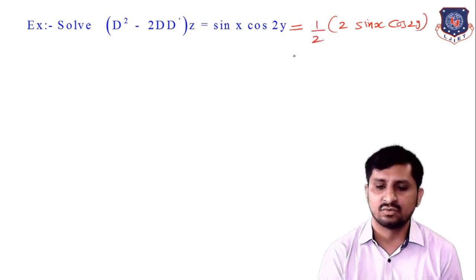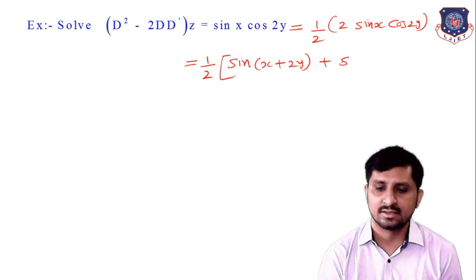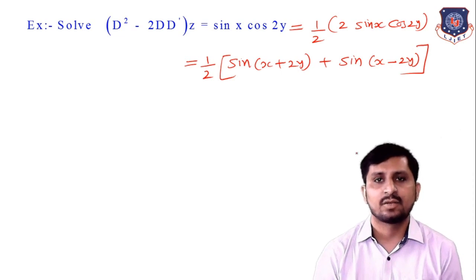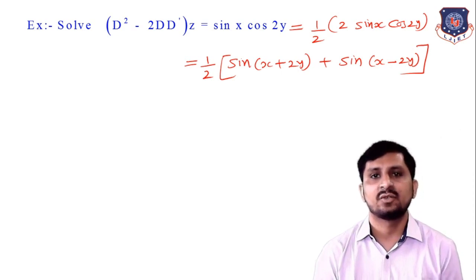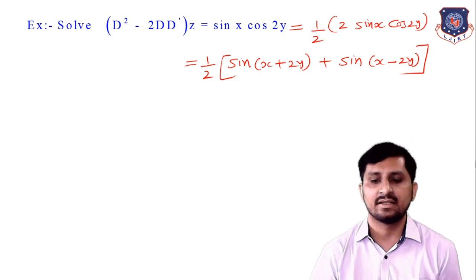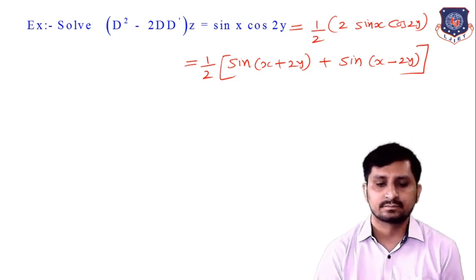So I can write this function as 1 by 2 into 2 sin x cos 2y, which is 1 by 2 into sin(x plus 2y) plus sin(x minus 2y). We apply the formula 2 sin alpha cos beta equals sin(alpha plus beta) plus sin(alpha minus beta).